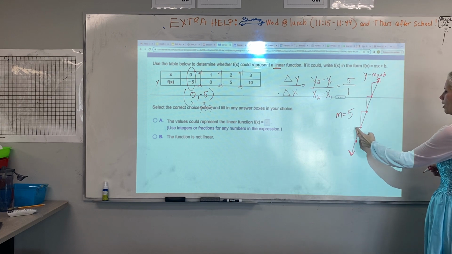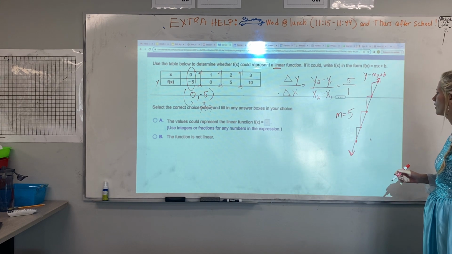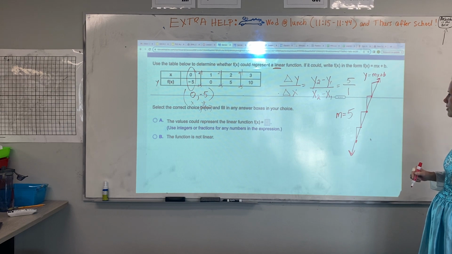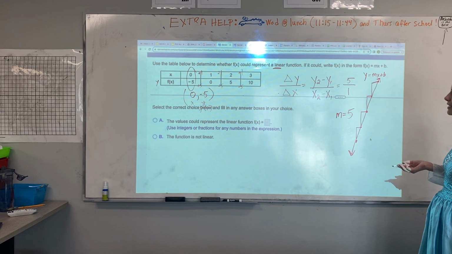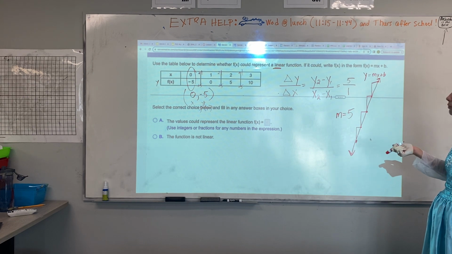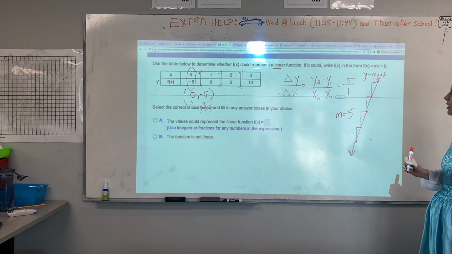This is just going up and over to get to each next point. I know it is steep because it's going up 5 and only over 1. So that's a line. So we can see here that because of this consistent slope, it does represent a linear function.